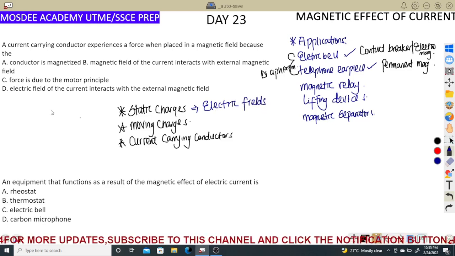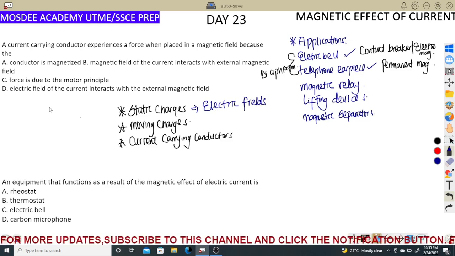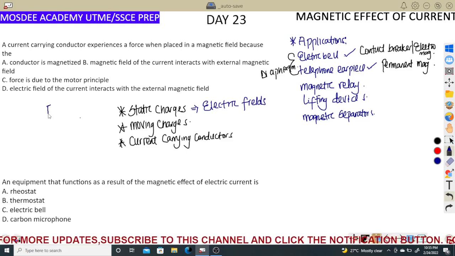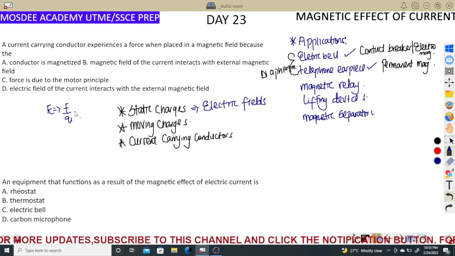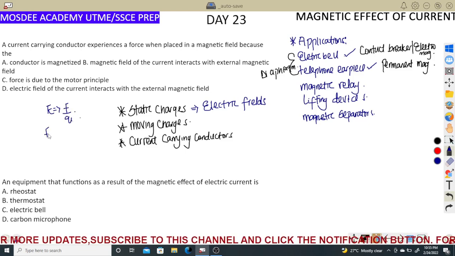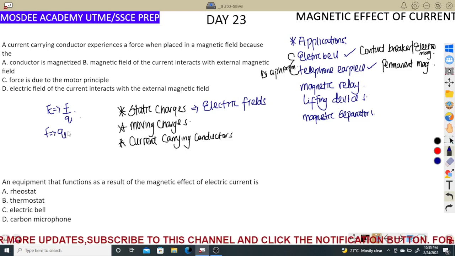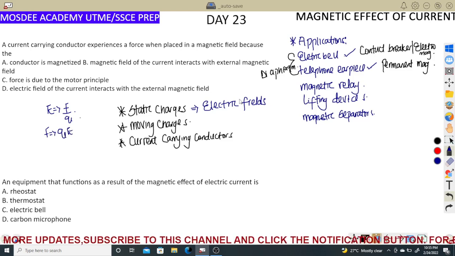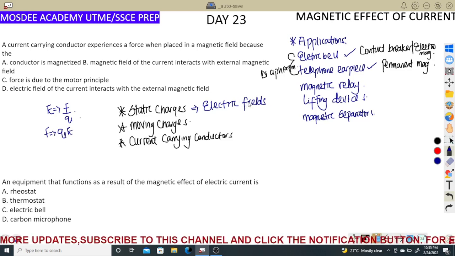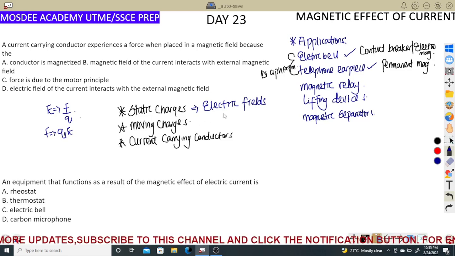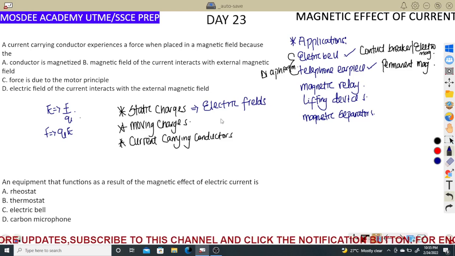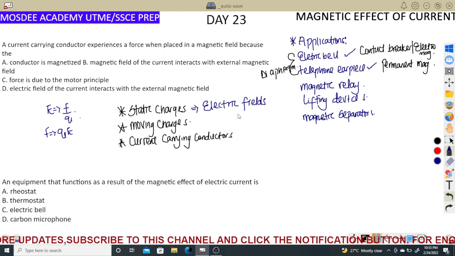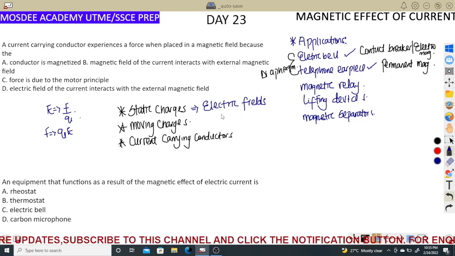Electric field, remember we say E is equal to force per unit positive charge. So the electric force on a charge is just small q times E. So the only force that can act on a static charge is the one that is produced by the electric field. So only electric field can exert force on static charge.